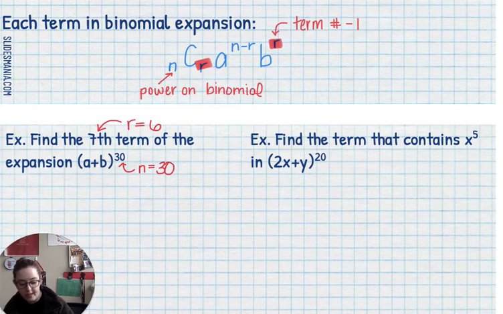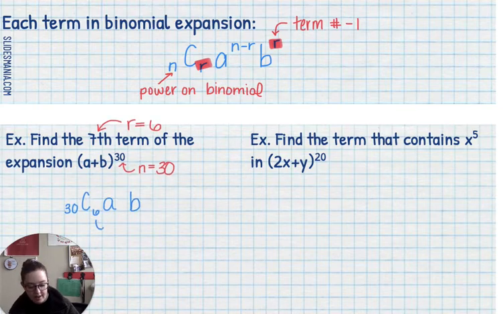So we are going to have 30 choose 6. We have a, b. What we're choosing, choose 6, is going to be the power on our b term, so it's going to be to the 6th. And we know that the powers on a and b need to add up to be 30, so 30 minus 6 is 24 on that a term.